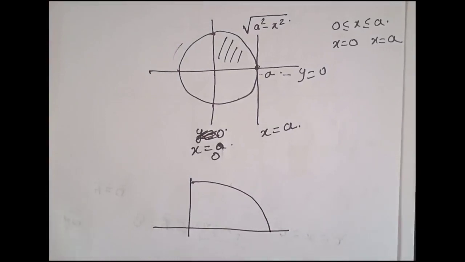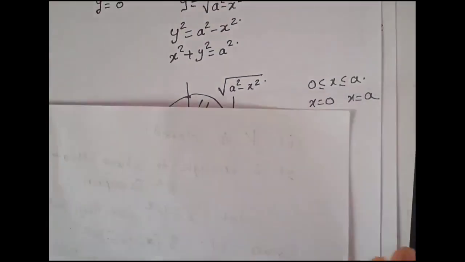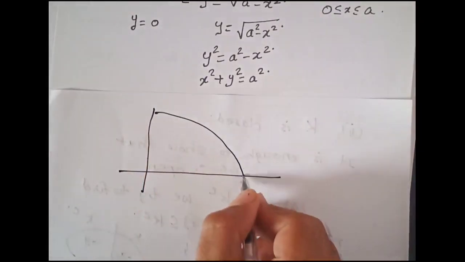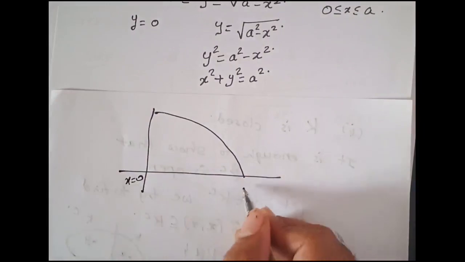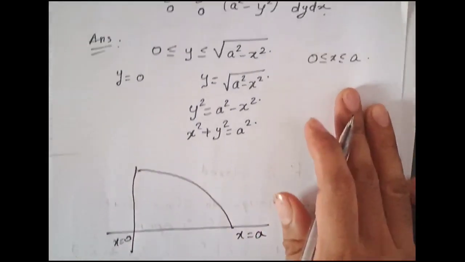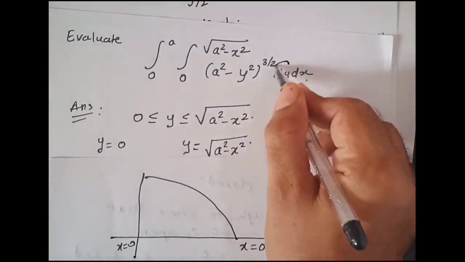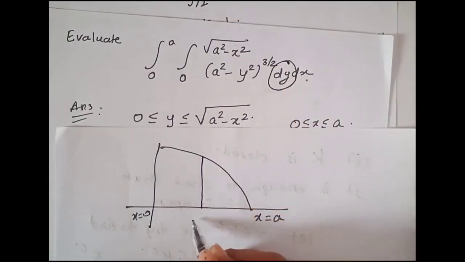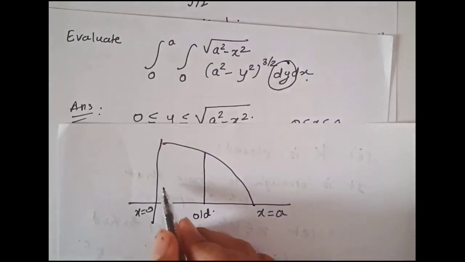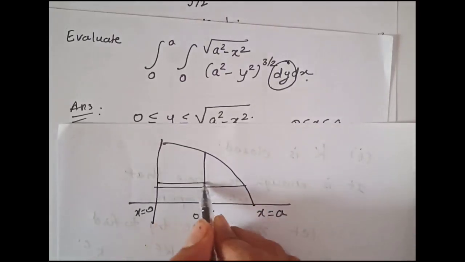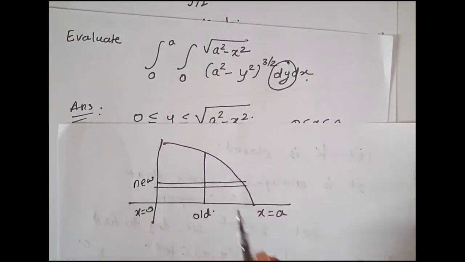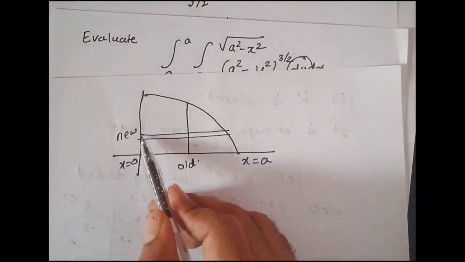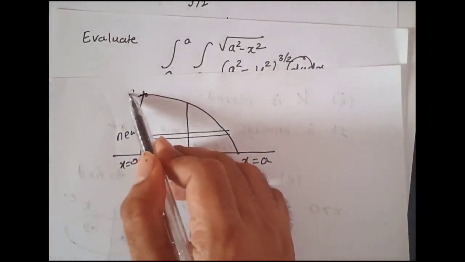Alright, so let's try to evaluate the limit. So our region is the first quadrant, that is x is equal to 0, x is equal to a. Originally from the question, the interior is dy. That means the old strip will be parallel to y-axis. Okay, so we have to consider the new one, which is just perpendicular to this. So this is our new strip. Alright, so now we can see this new strip is varying from the y.